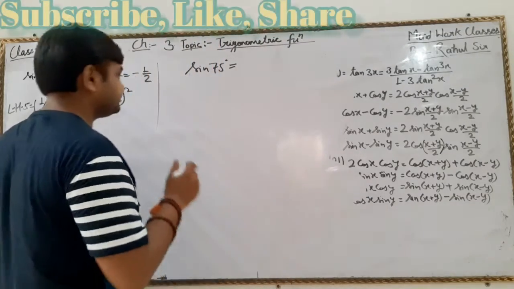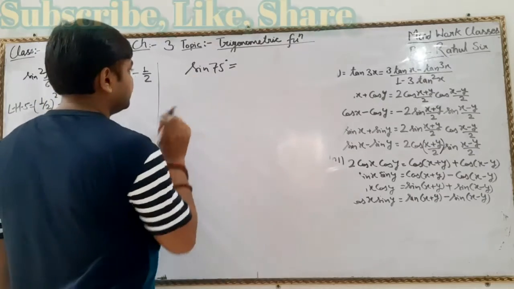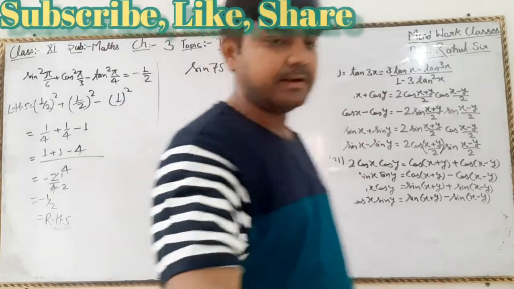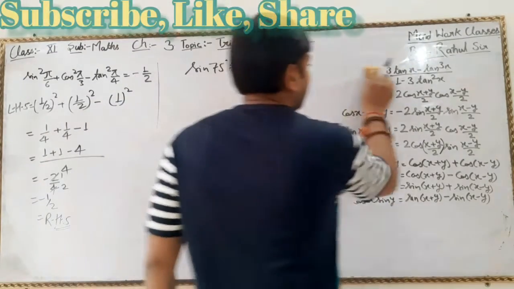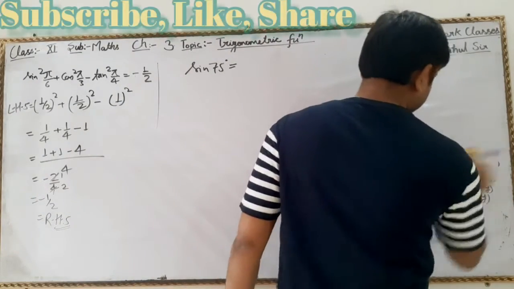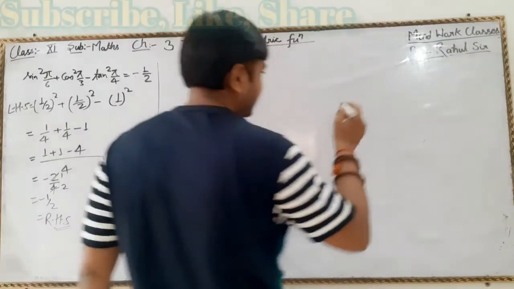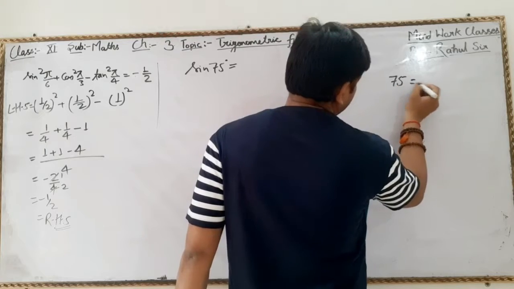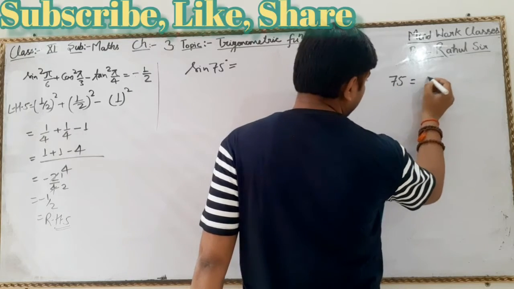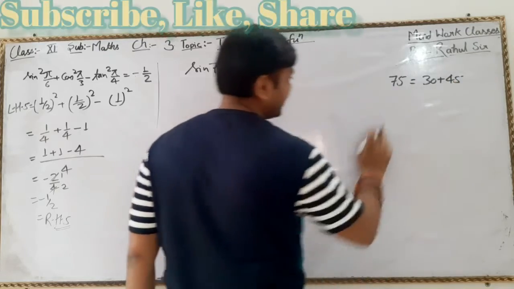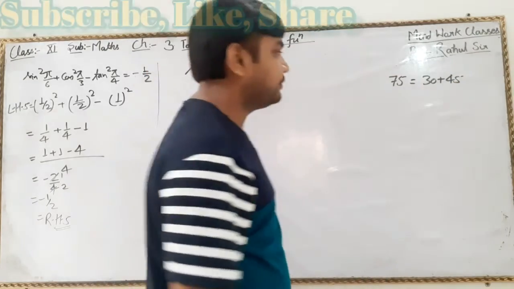First, the easiest one: you must understand that 75 can be written as 30 plus 45.